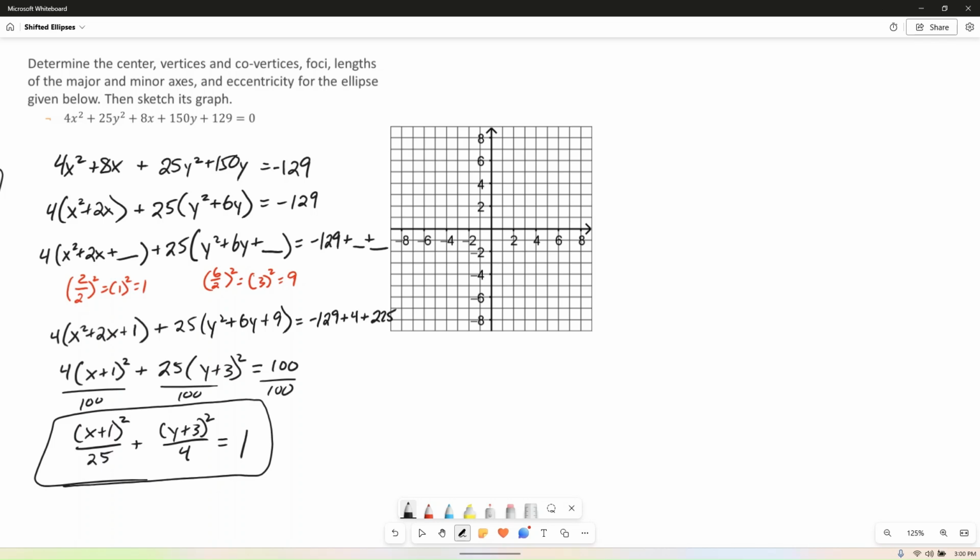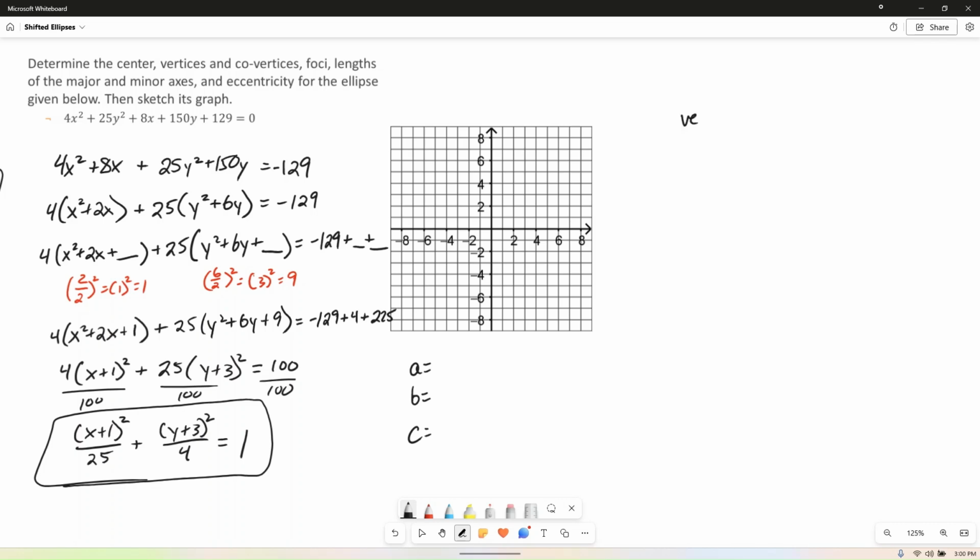From that standard form, we can then figure out the values for A, B, and then we can use that to figure out C. And then once we've figured out the A, the B, and the C, we can go ahead and sketch the graph, and then we can list out all of our key characteristics.